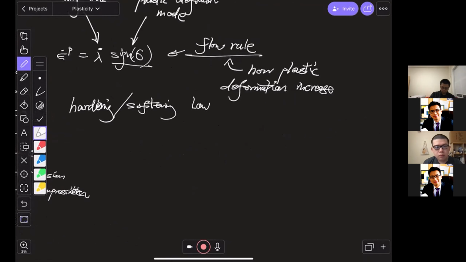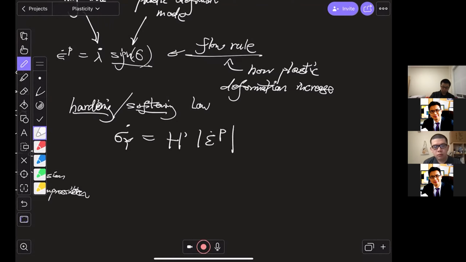In the 1D model, hardening and softening are not used to govern how the strain accumulates, but used to control how the yield criterion changes and evolves given a certain plastic strain. So in this case, that would be simply this law.